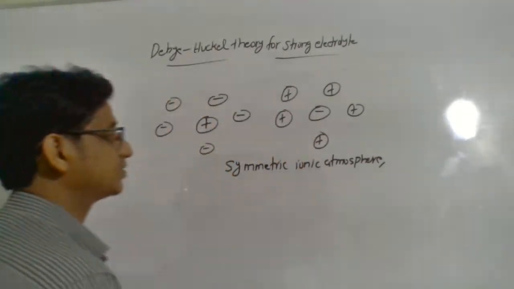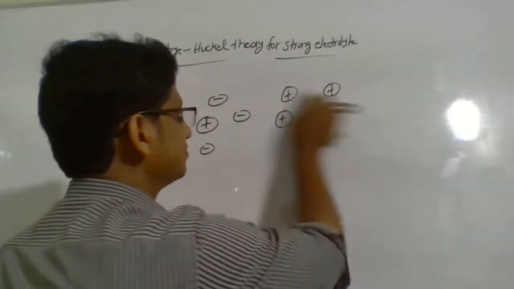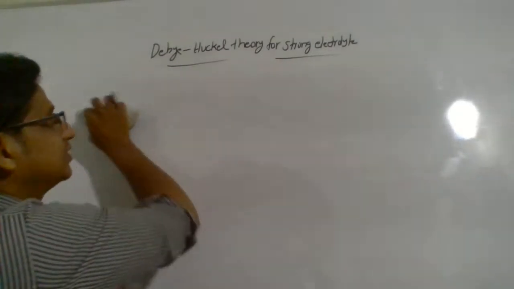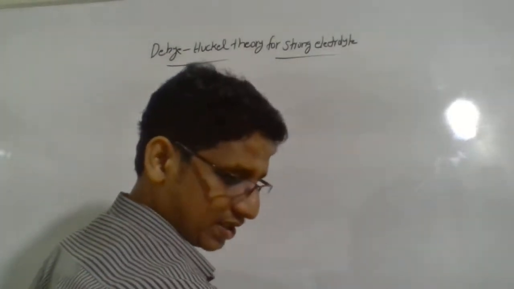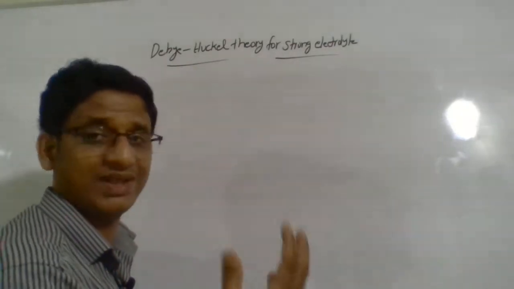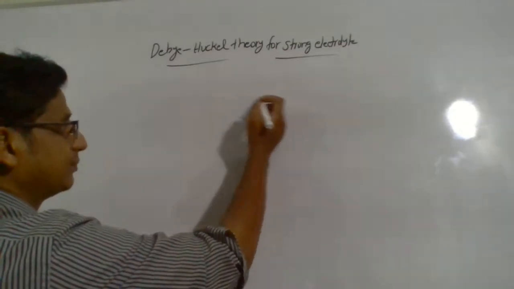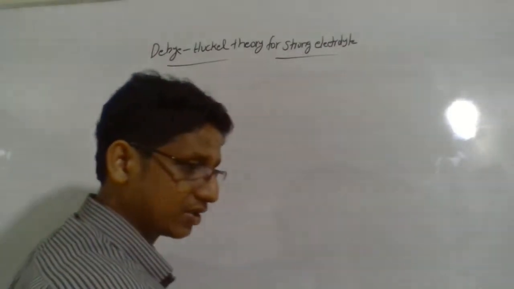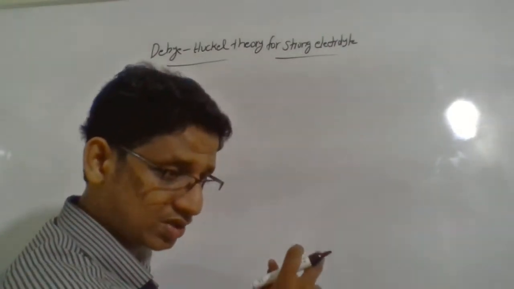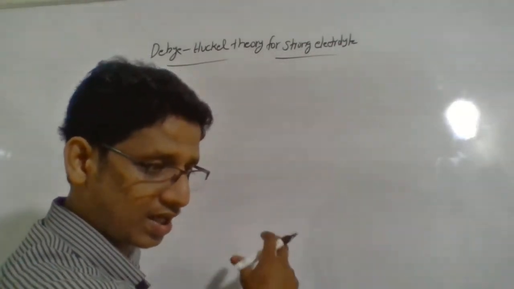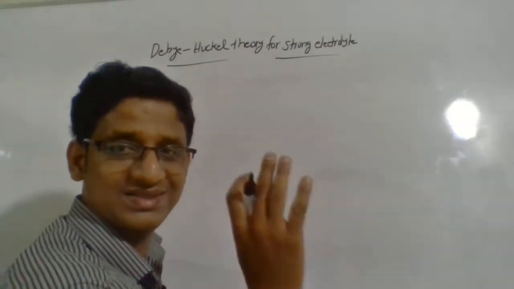Now let us discuss two more effects, because it is observed that when an electric field is applied, they show a much better conducting mechanism. For example, in the previous class we discussed that when sodium chloride dissolves in water, the sodium cation moves to the cathode and the anion moves to the anode. So that is existing there.